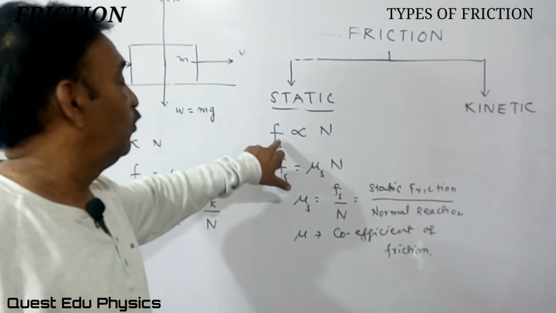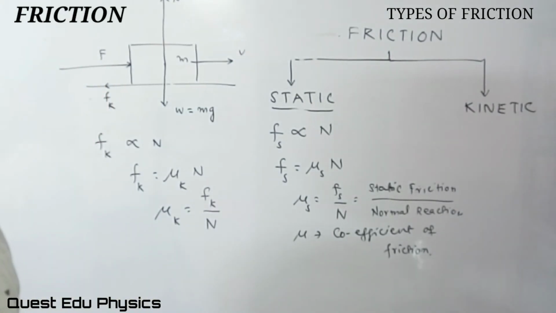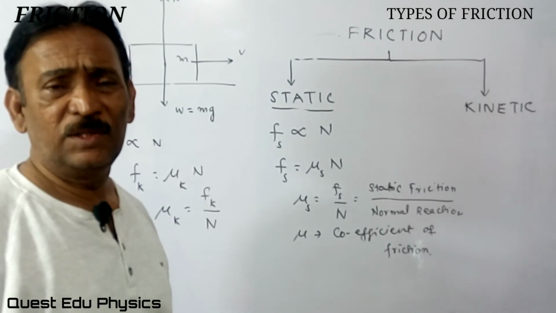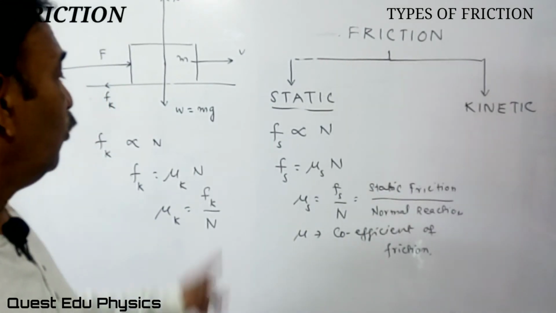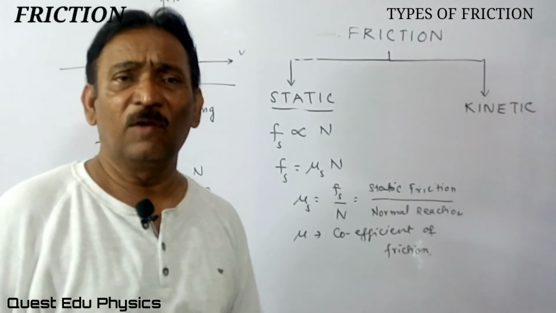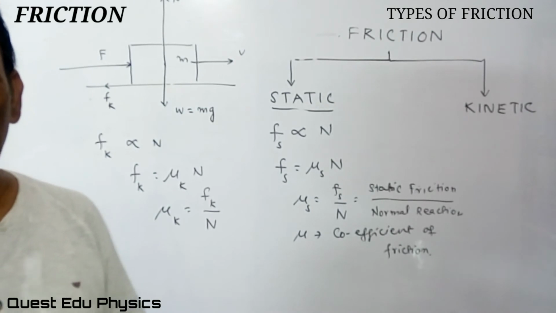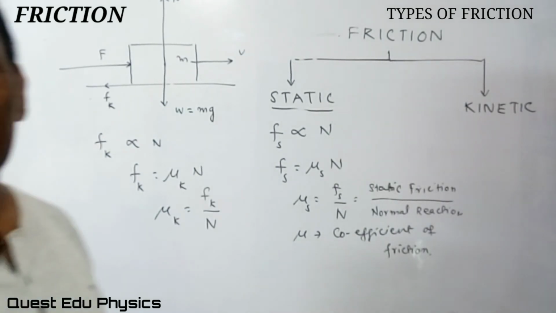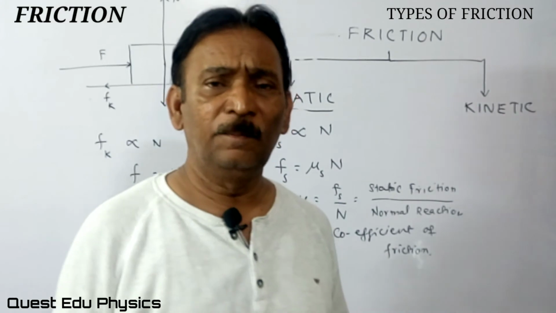That means the static frictional force is directly proportional to the normal reaction. And the second law is valid for all kinds of friction, both laws. Here frictional force doesn't depend upon the area of contact. The best example is that a small brake can stop a big vehicle.